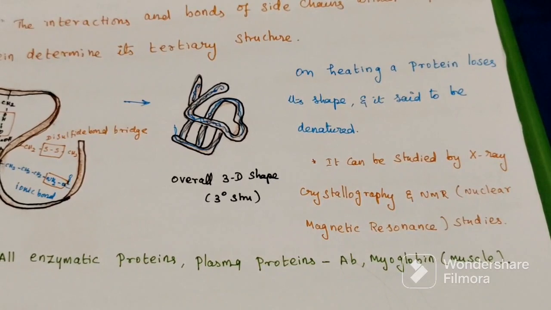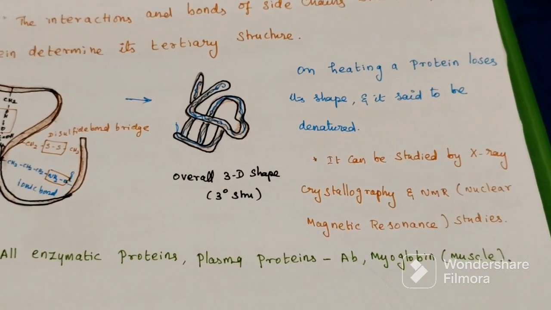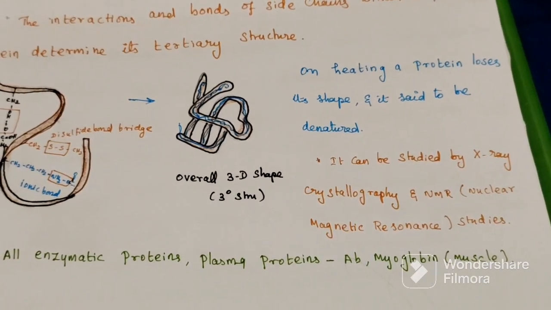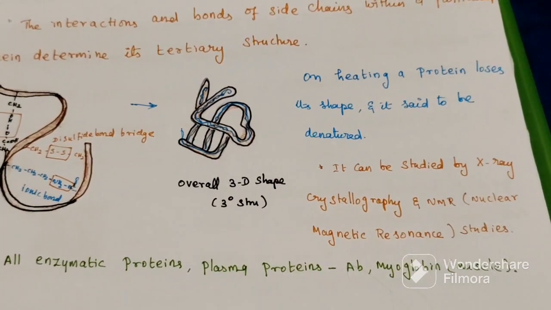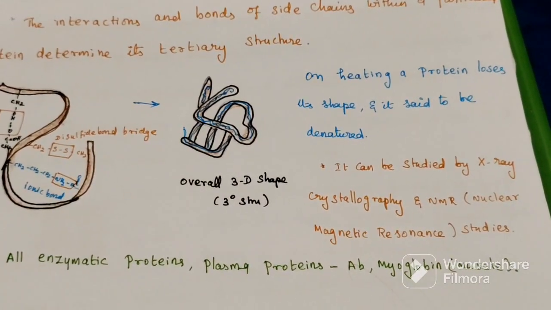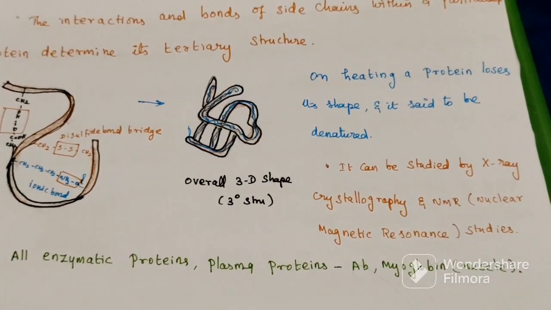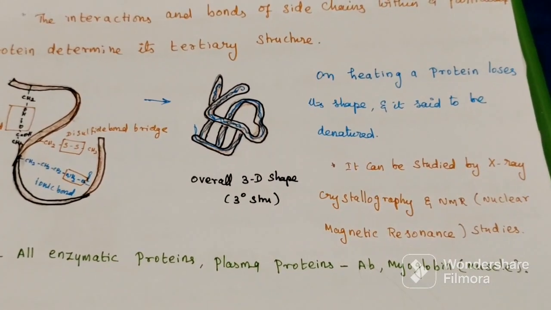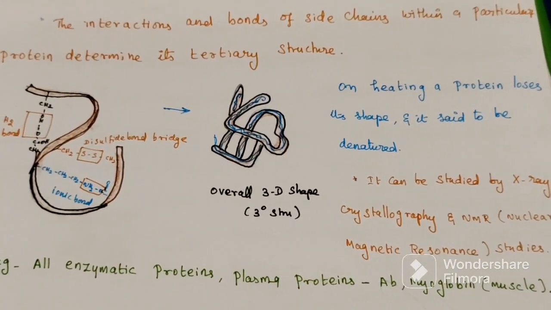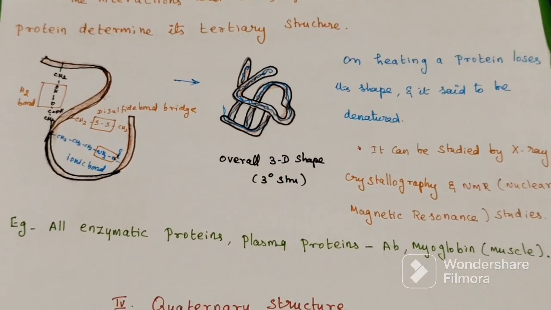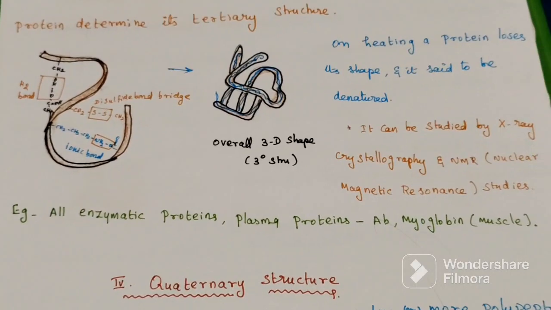Again, if you cool the protein, we cannot get the shape back, nor the structure. Just imagine an egg: we boil the egg, we make an omelette. This is because of denaturation of the egg albumin protein. You cannot get back the egg from the denatured omelette.